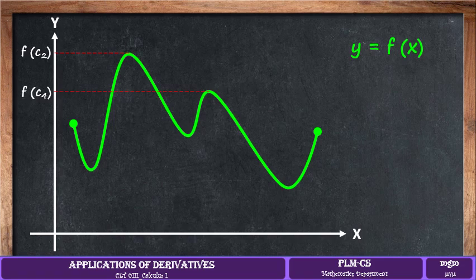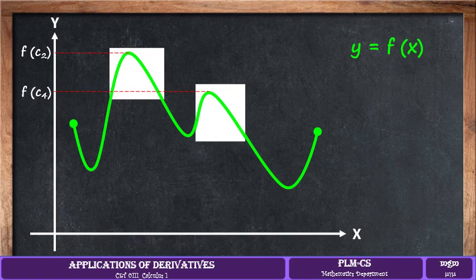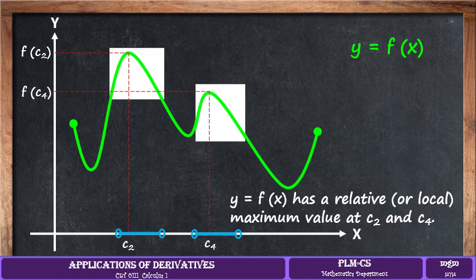Hence, we can find two spots on the graph wherein we can construct open intervals on which the function value at that critical number c sub 2 and c sub 4 is the highest value in comparison to the nearby values on that open interval. Thus, in this case, y equals f of x has a relative or local maximum value at c sub 2 and c sub 4.